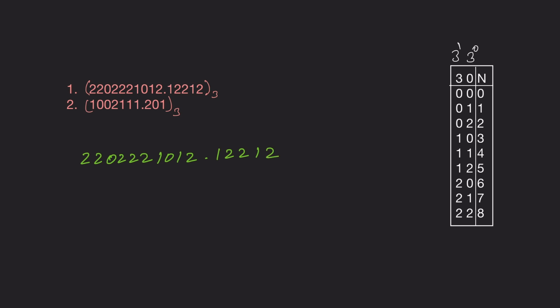We know that if we have to convert it into base 9, 9 is equal to 3 to the power 2. So by pairing 2 digits of the base 3 number, we directly convert it into a base 9 number. So make pairs of 2 digits, 2 digits, 2 digits. Here only one is left, so add a 0 and make a pair. On the left side also we have to make the pairs.